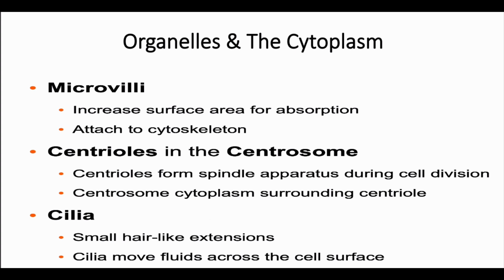Now, moving along with centrosomes, or centrioles in the centrosome. Centrioles form the spindle apparatus during cell division. So we will find centrosomes in animal cells, and we also see them in motile algae. First of all, you have to understand it's made up of two individual pieces called centrioles.